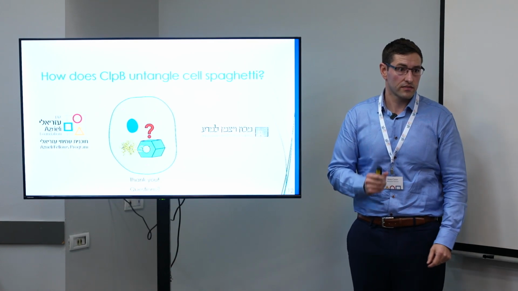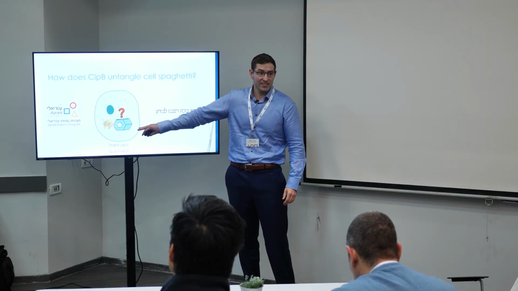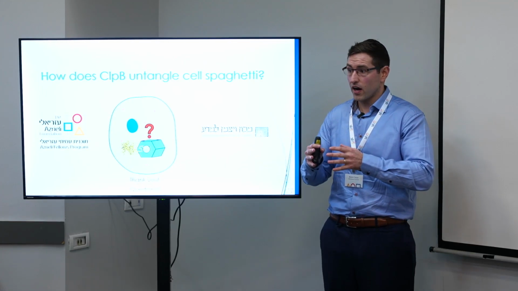How does it know it's aggregated? So the question is, how does this protein know it's aggregated? That's a great question. I didn't go into more detail. This is just one of the disaggregation machines in a whole family or network of machines that work in harmony.